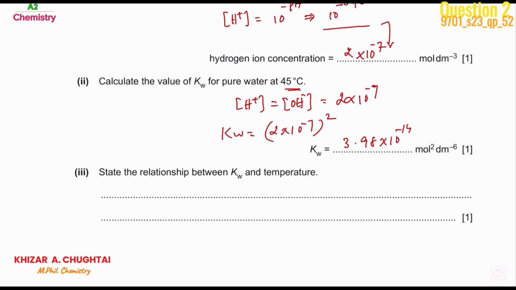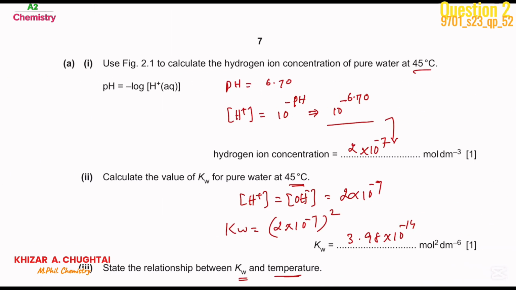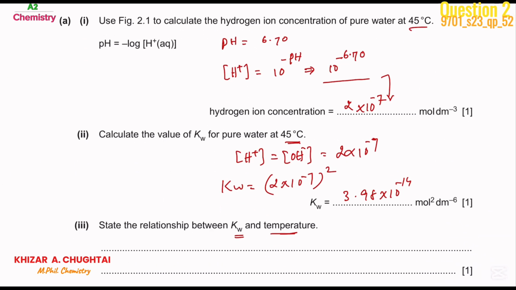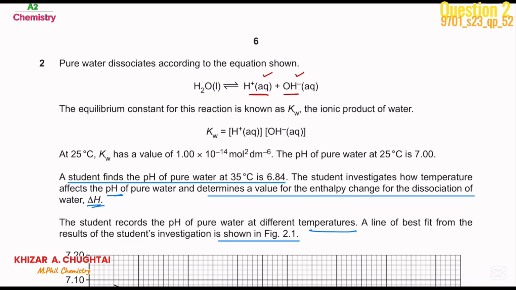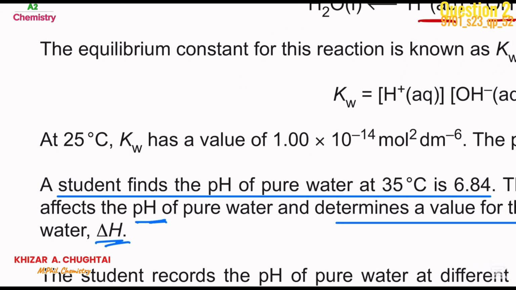Next portion: state the relationship between Kw and temperature. As you have seen, as we heat the water, its extent of ionization increases. That is the new answer of Kw at higher temperature, and this answer was at 25 degrees Celsius.